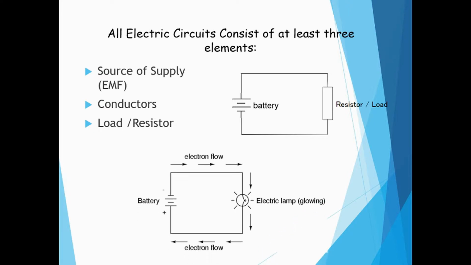For instance, in this example, you have a battery, wires, and a lamp. A switch is not part of the main, fundamental elements of an electric circuit. You could use it, but without it, the circuit still works.